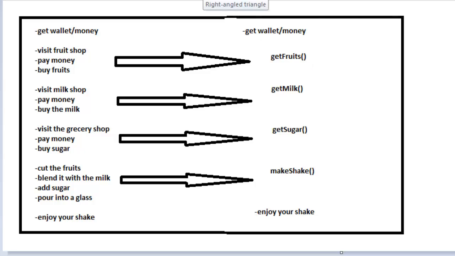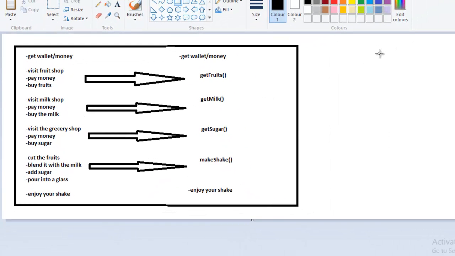So in this case, let me show you what this particular function is doing. We are having four sets of functions.